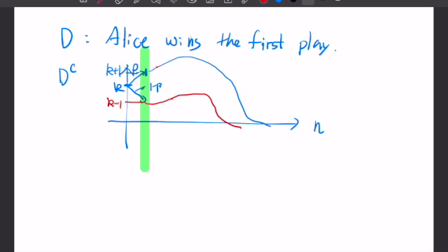So we can actually apply the partition theorem. So what we want to calculate is this probability of ruin starting from k dollars, which can be split into two parts.